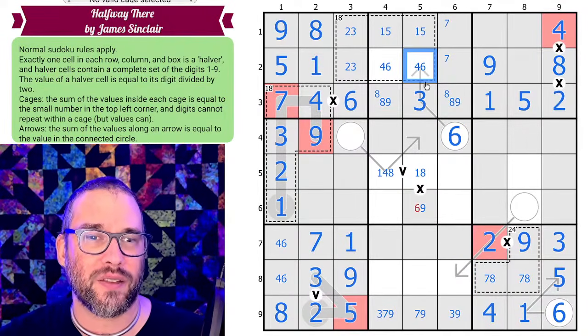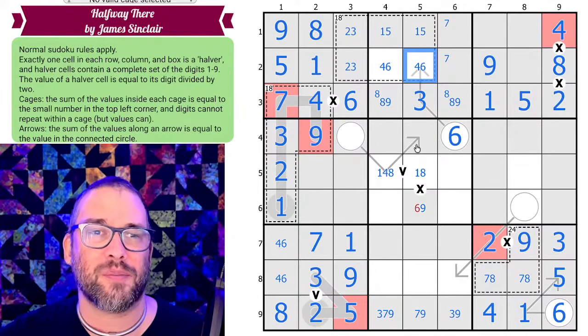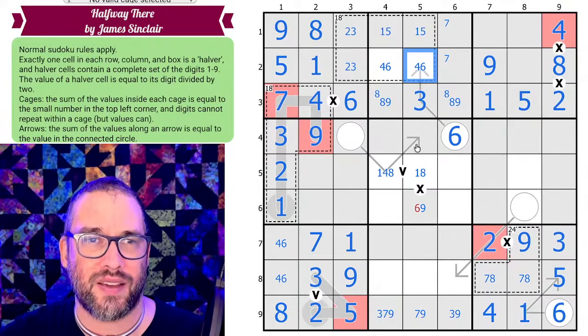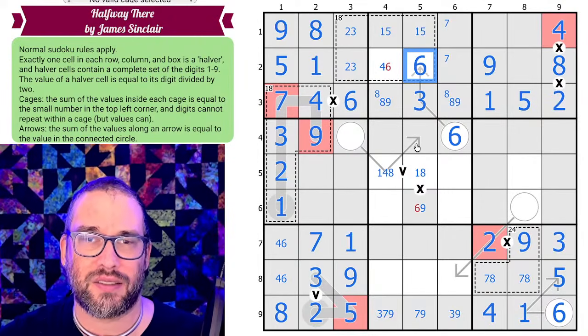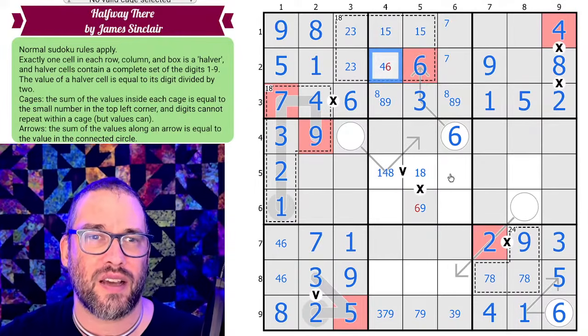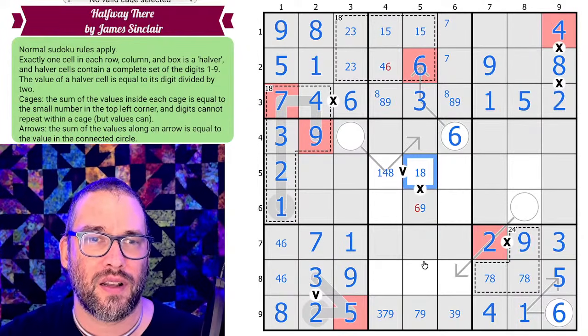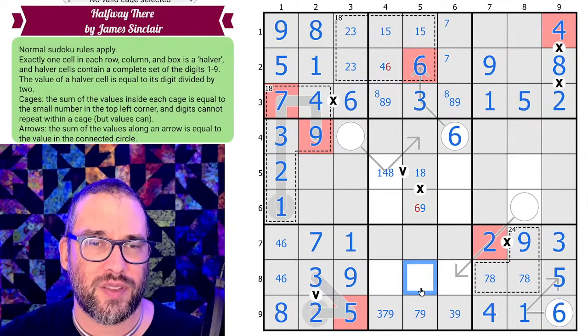All right, so that's a 6. That's going to resolve a lot of things. So this has to be a 6 that is halved. That is an unhalved 4. That's not halved. That's not halved.